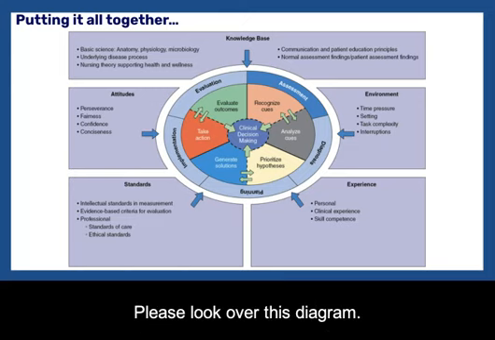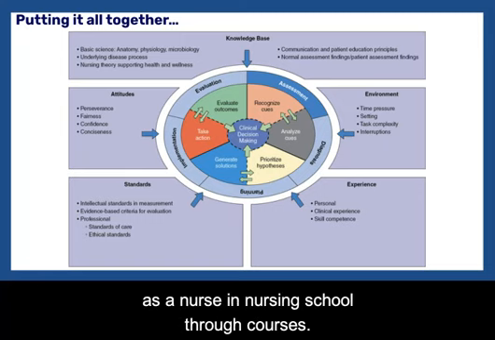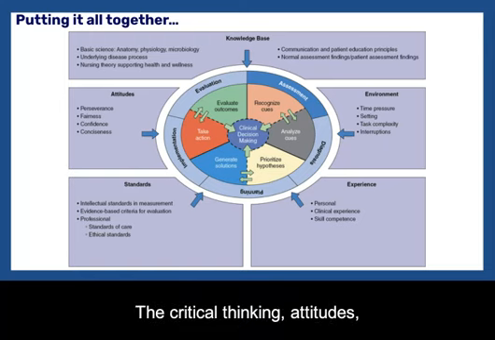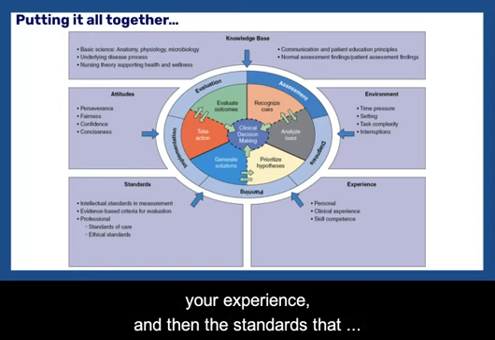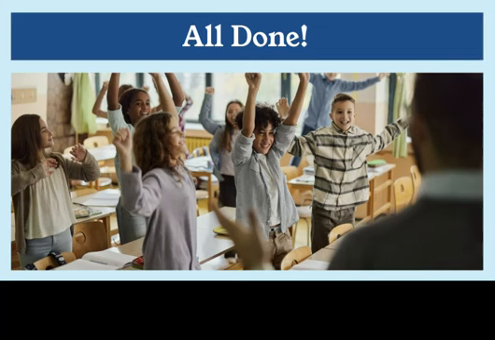Please look over this diagram. It's the knowledge base, the knowledge that you gain as a nurse in nursing school through courses, the critical thinking attitudes, the environment that you work in, your experience, and then the standards that you as a nurse are obligated to follow. All done.